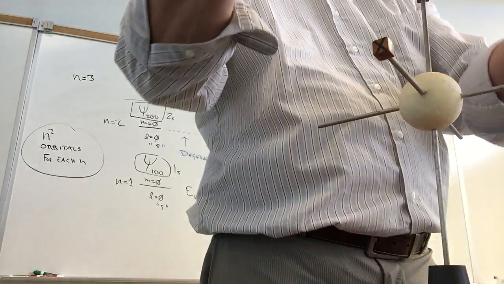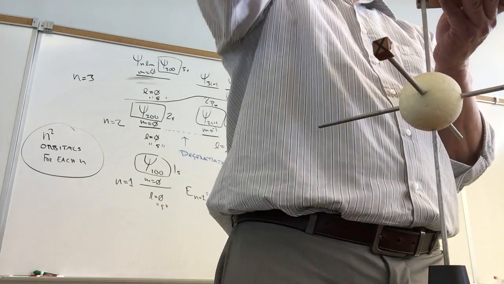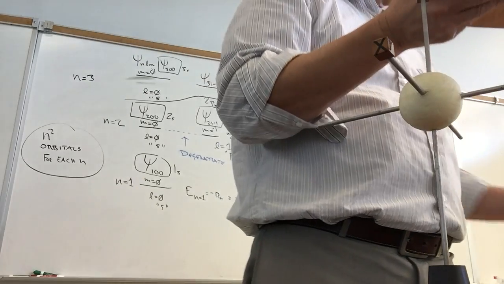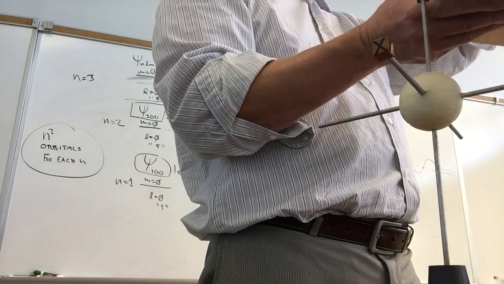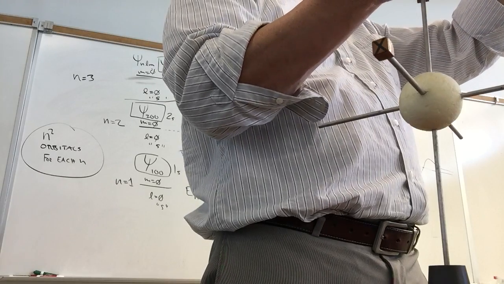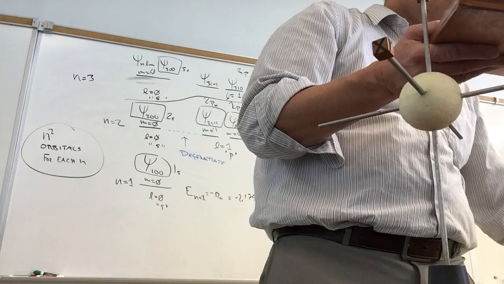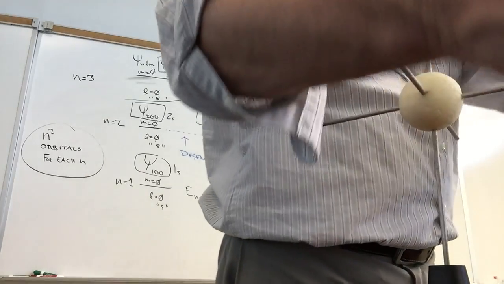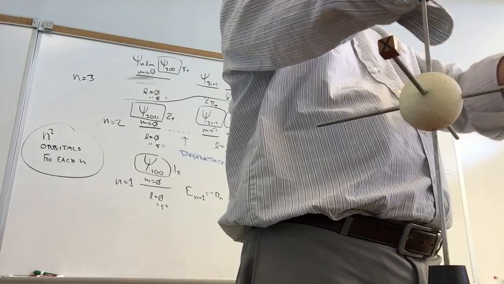This is the dxz because this is the X axis and the Z axis. So the orientation would be like this. Here's the yz, would be like this. The xz would be like this, along the nucleus. This is the xy, like this.